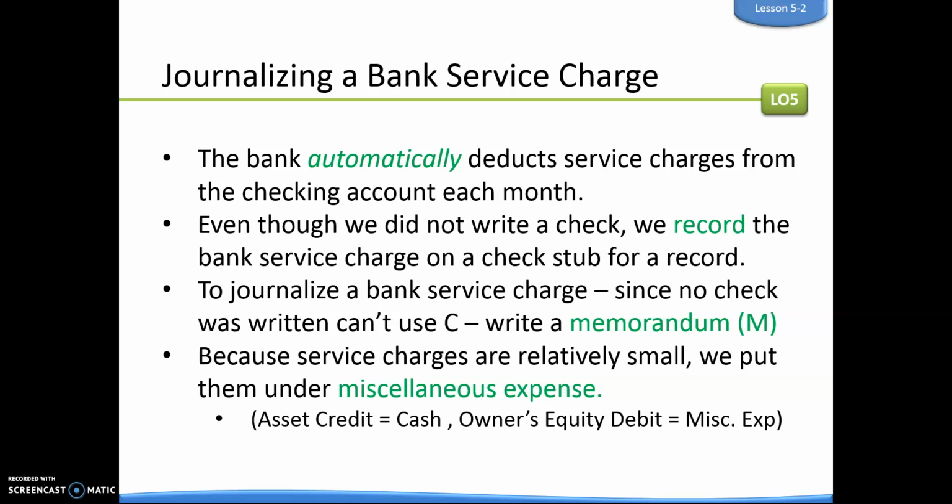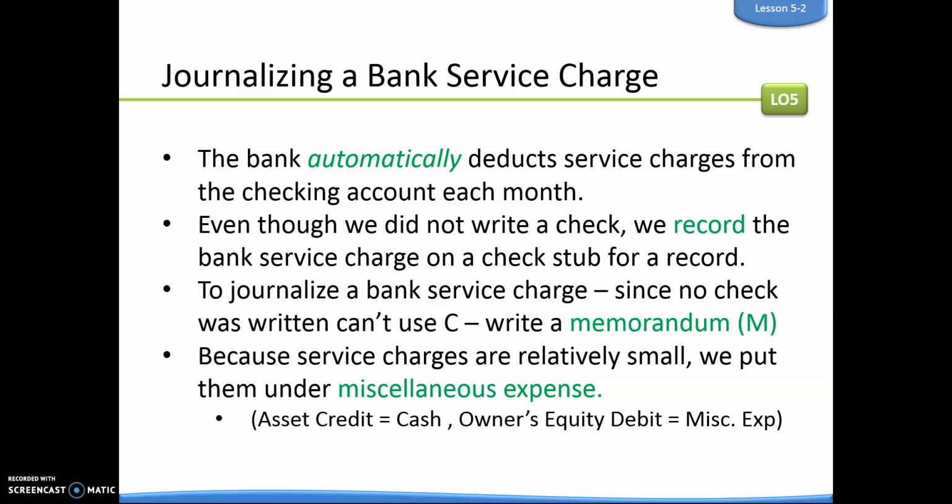And so this talks about what we need to do, because we do need to journalize it. We can't just have a bank service charge hanging out there, not journalized. As I said, the bank is automatically going to deduct these service charges from your checking account. So we want to record that bank service charge on our check stub, but we also need to journalize it.